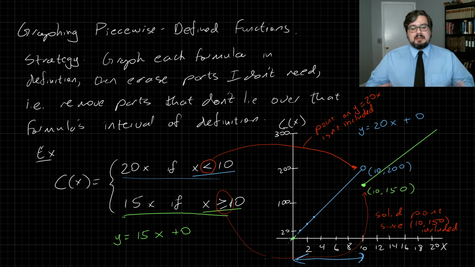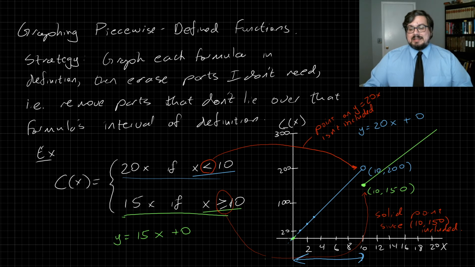So remember that in the context of this problem, the y values or the c values are the cost to purchase x costumes. So the point 10 comma 200 is how much it would cost to purchase 10 costumes if you didn't have any sort of discount, if you just purchased all of them at that full $20 price.